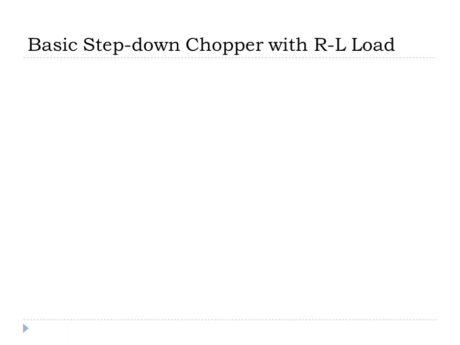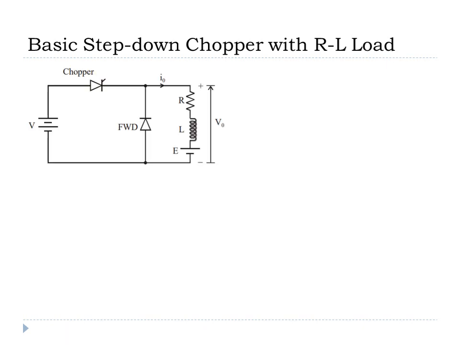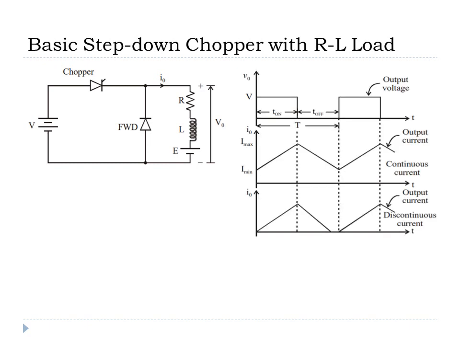Let us examine the working of the basic step down chopper with RL load. In case of RL load, E represents the back EMF, so the load becomes an RLE load. Here the circuit is discussed because we need to understand the difference between the continuous current mode conduction and the discontinuous current mode conduction.